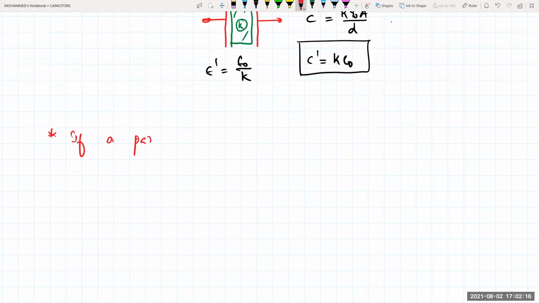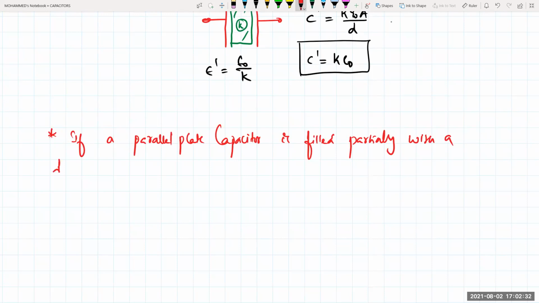One more important formula, beta. If a parallel plate capacitor is filled partially with a dielectric, that means this is your dielectric, this is your capacitor.